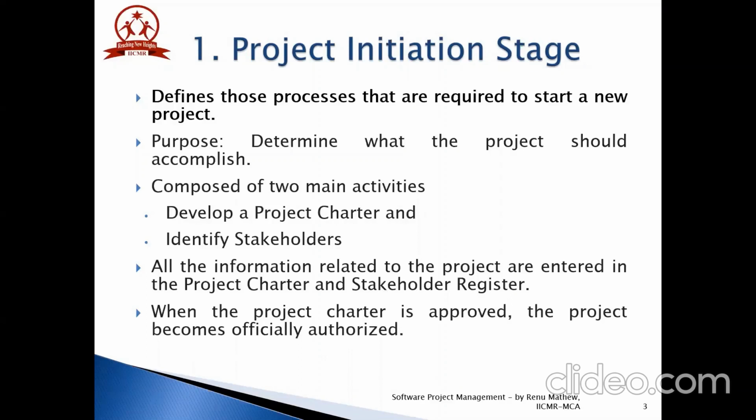The purpose of the project initiation phase is to determine what the project should accomplish. This phase is mainly composed of two main activities: developing a project charter and identifying the stakeholders. All the information related to the project is entered into the project charter and stakeholder register. When the project charter is approved, the project becomes officially authorized.